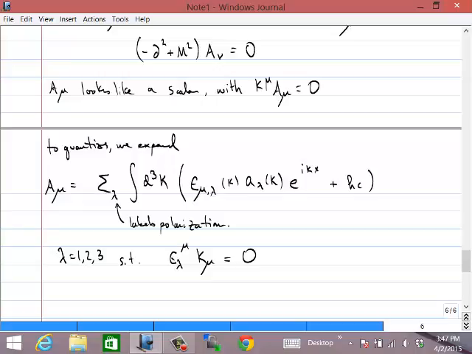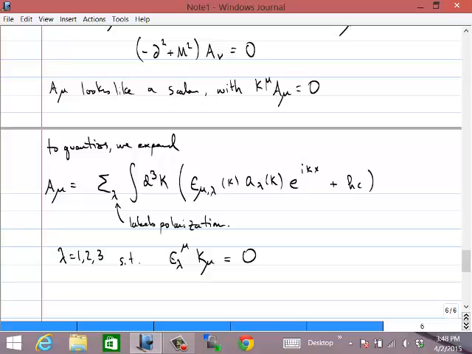And this should be contrasted with the case of a gauge theory, where we only had 2 physical polarizations rather than 3. And so then it's straightforward to work out a complete basis of these polarization vectors.